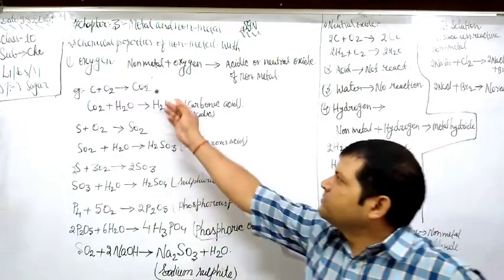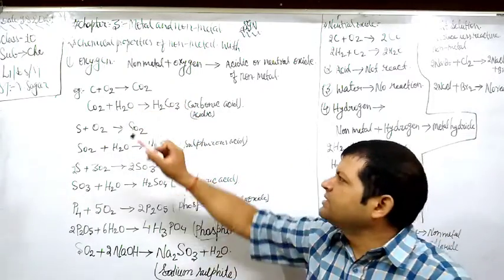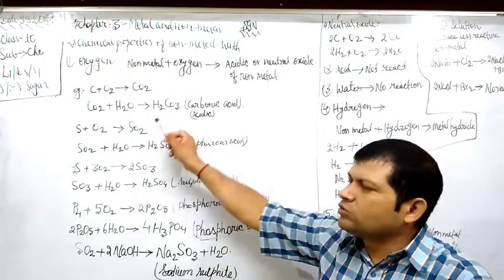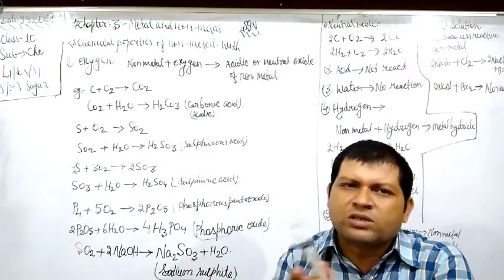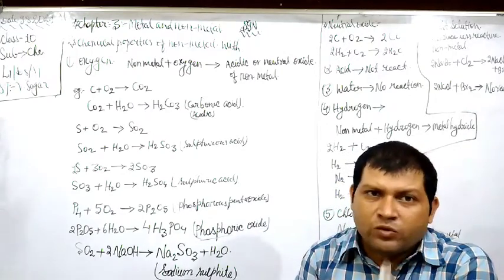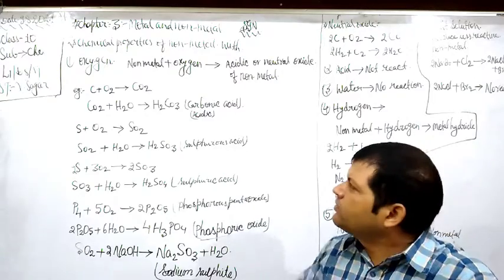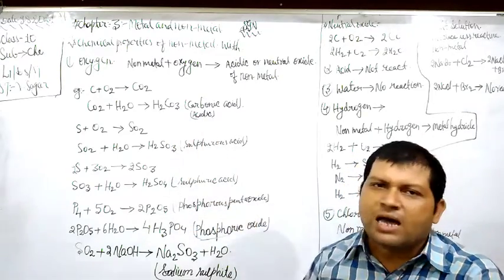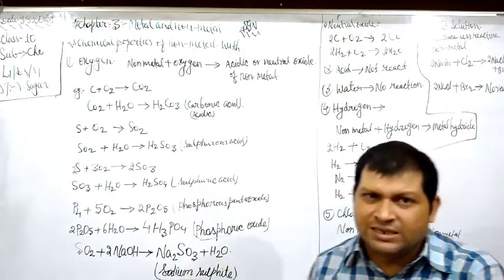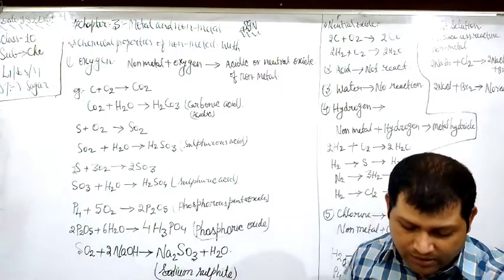Here, for example, carbon is a nonmetal and it reacts with oxygen, then forms CO2. And when CO2 reacts with water, then the formation of H2CO3, carbonic acid, takes place. Carbonic acid is an acid because it turns the blue litmus paper into red, right?